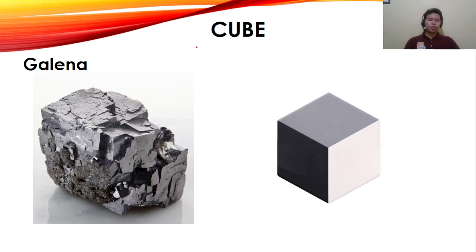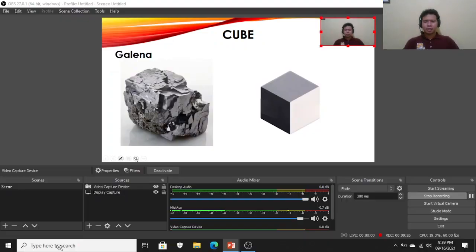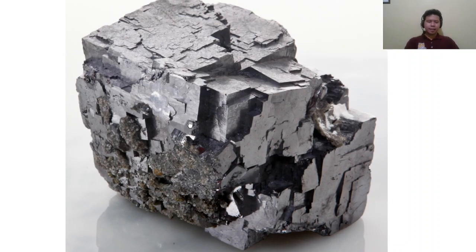there are different shapes of a mineral. Let's say, for instance, cube. Galena, when broken down into smaller pieces, each component of the galena is like a cube.